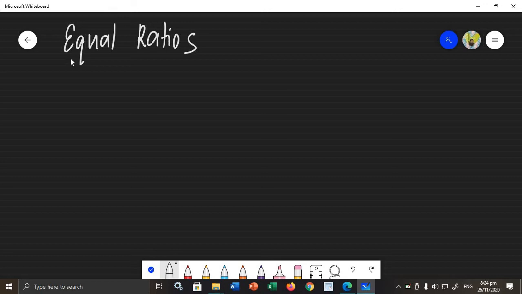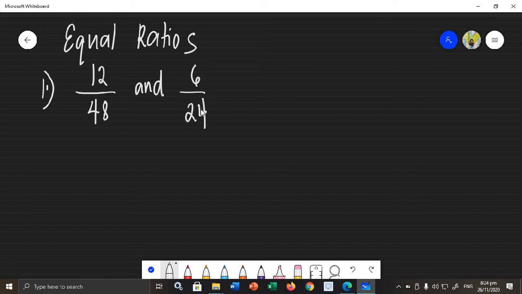So, let's say, for example, I have a given in fraction notation. Okay? And then we will see if these ratios are equal. So I have, let's say, 12 over 48 and then 6 over 24. Okay? So how are we able to find if these ratios are equal?